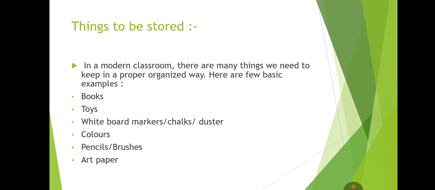In a modern classroom, there are many things we need to keep in a proper organized way. Here are a few basic examples. These are very basic things which will be organized in a class: books, toys, whiteboard, markers, colors, pencils, art paper, etc. These basic instruments of a class will be settled because of the time saving.